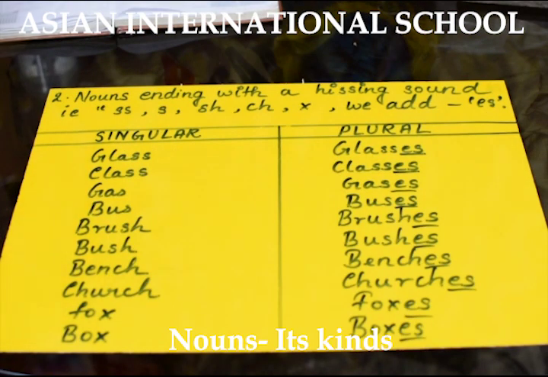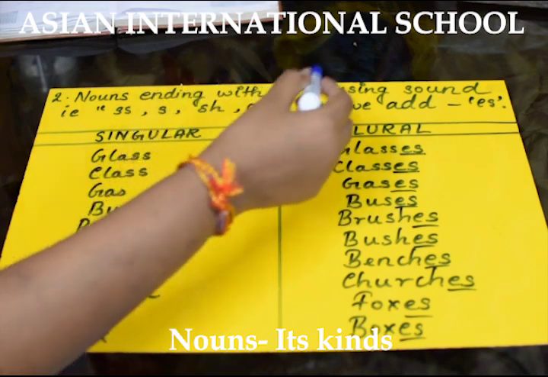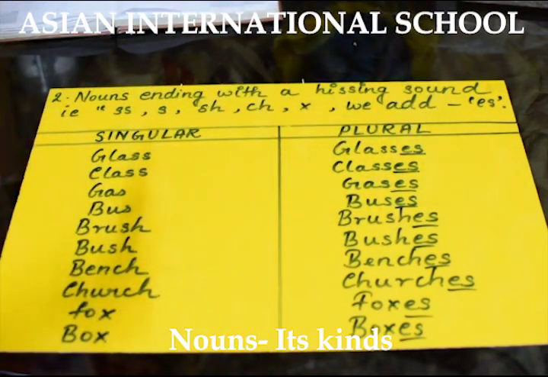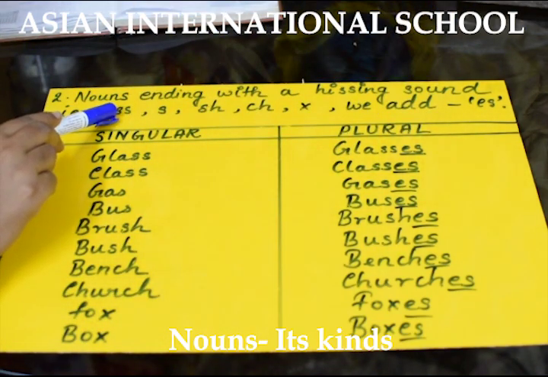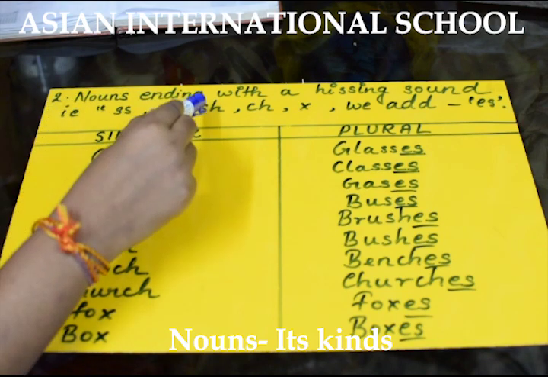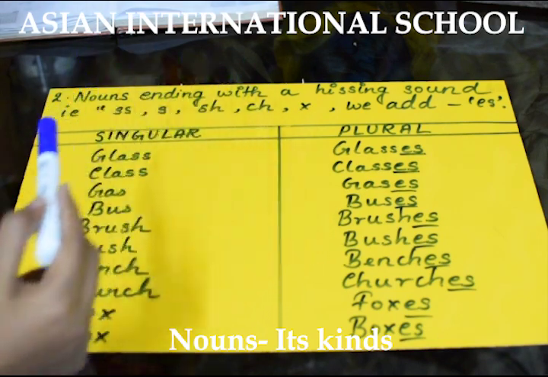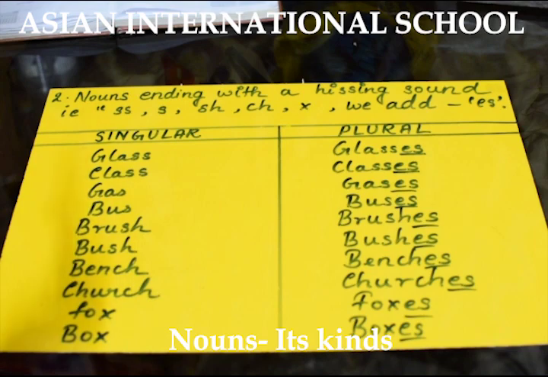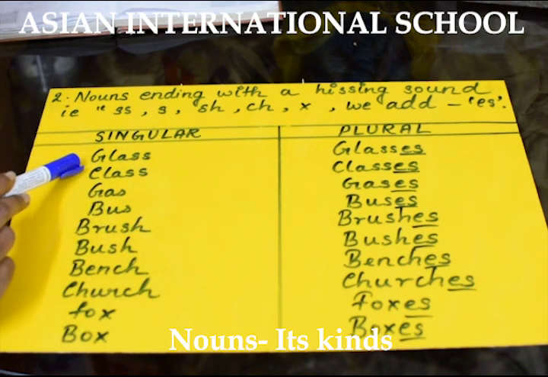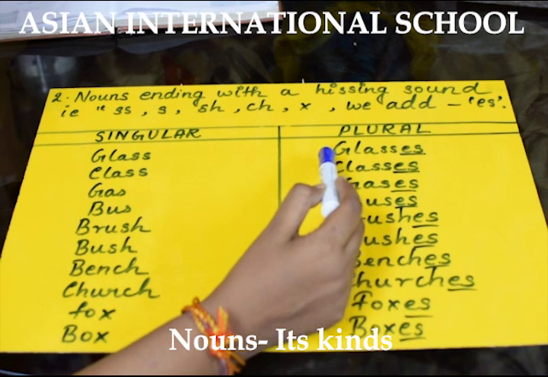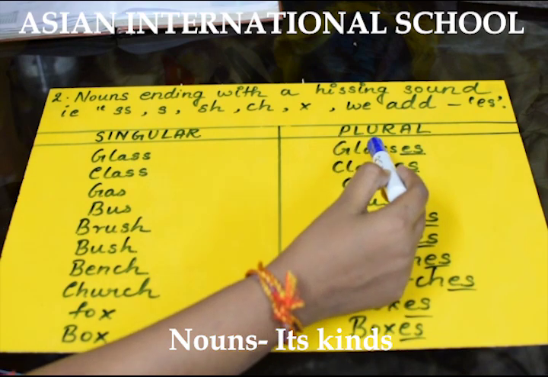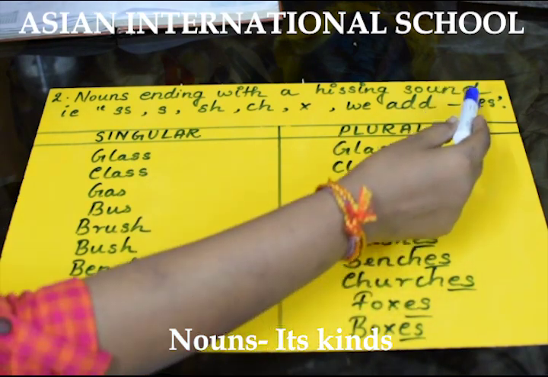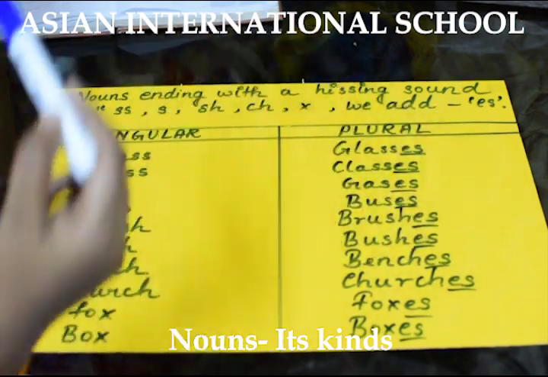Rule number 2. For nouns ending with a hissing sound, that is, words ending with ss, s, sh, ch, x, we add es to the word to change it into its plural form. For example, glass becomes glasses. Glass, and then we added es.